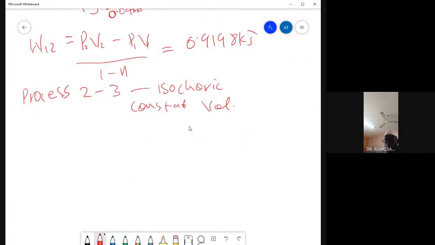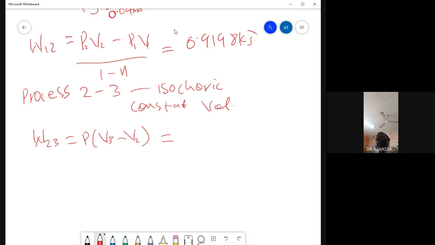You should know the boundary work W23 equals P times V3 minus V2.